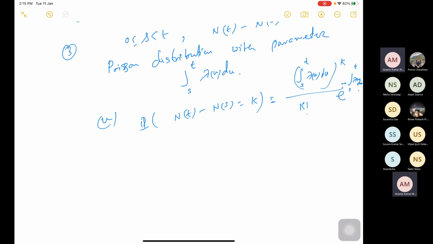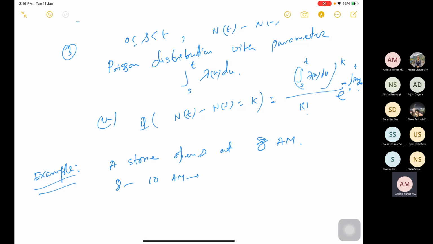I can consider one more example, with the spirit in the same way. A store opens at 8 a.m. From 8 to 10 a.m., customers arrive at a Poisson rate of 4 an hour.